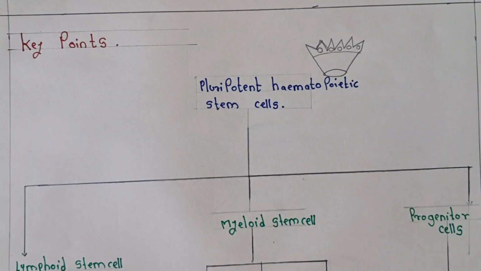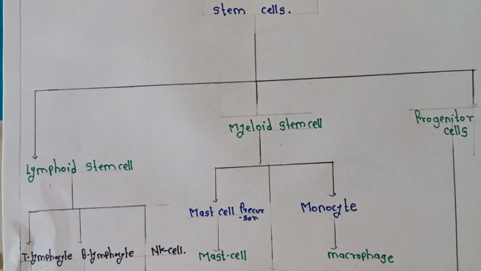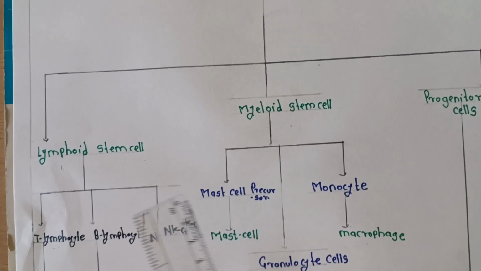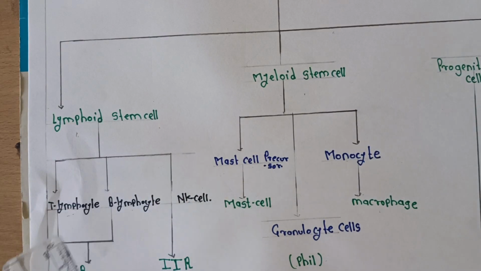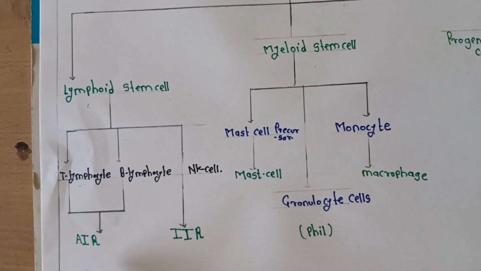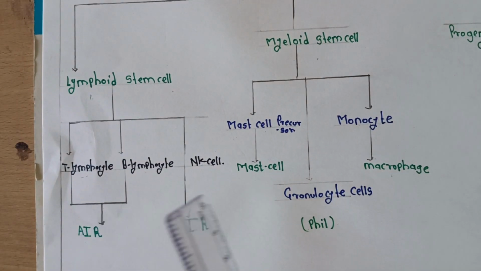You should remember that the pluripotent hematopoietic stem cell is the most important cell, and it is responsible for the overall production and development of the cells, where it is responsible for the generation of lymphoid stem cell, myeloid stem cell, and the progenitor cell, where the lymphoid stem cell is responsible for the production of T lymphocyte and B lymphocyte, which mainly act in the adaptive immune response, and the NK cells, which mainly act in the innate immune response, as we discussed.